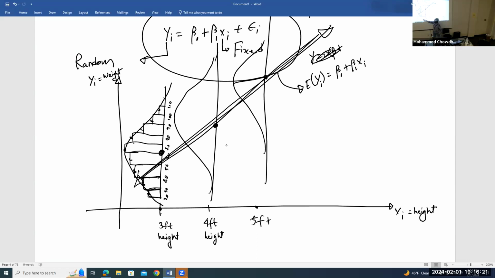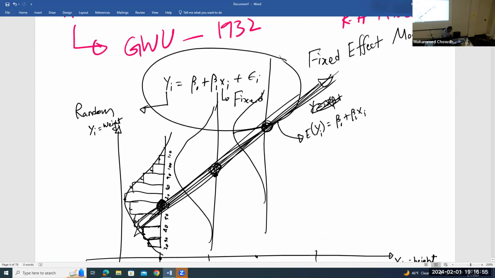For a particular height, there is a distribution of weight. There is a distribution of weight for different heights, and I am fitting the line on the average. This line is going through the average. Then again you take 6 feet, and you will get another one there.